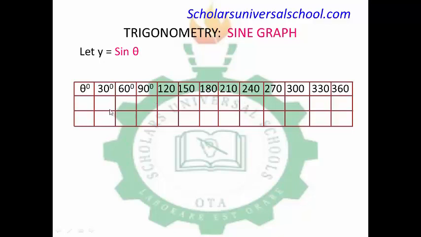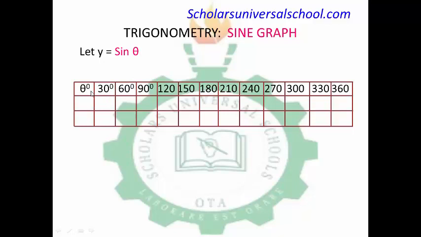Just like when we are plotting our normal graphs, usually in place of theta we'll have x, and we insert the value into the equation to get the value of y.